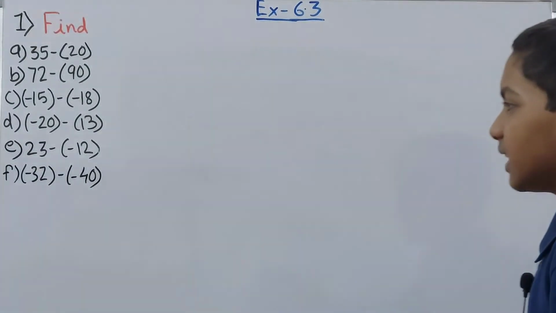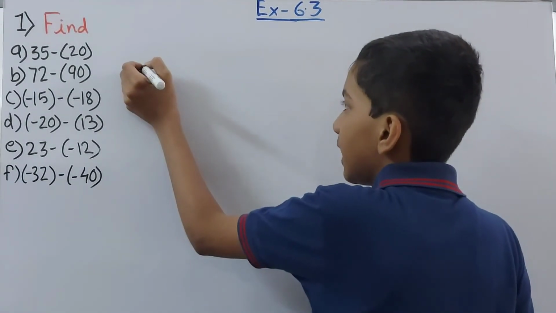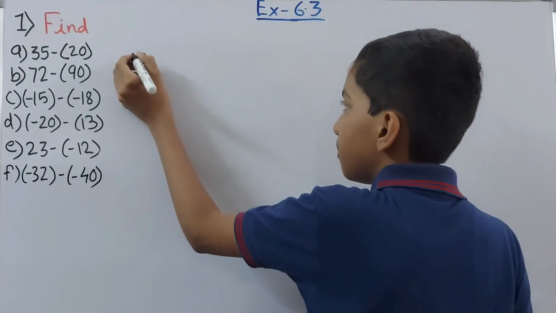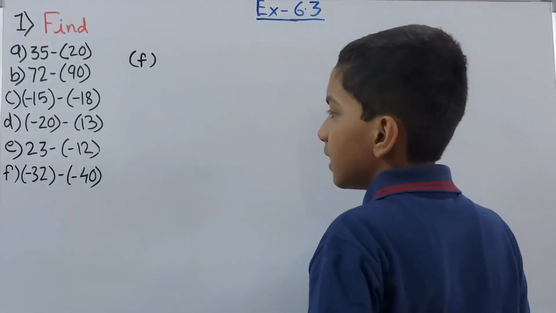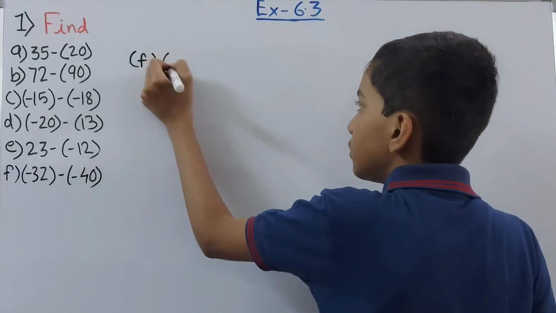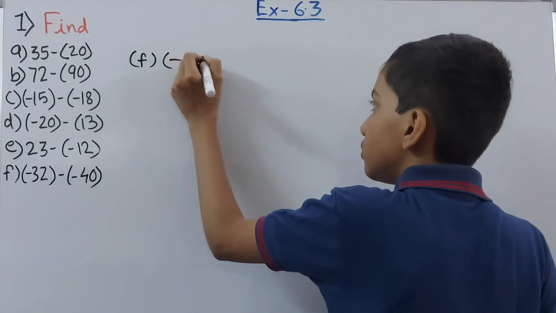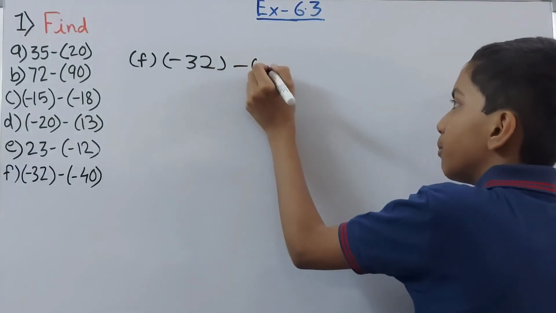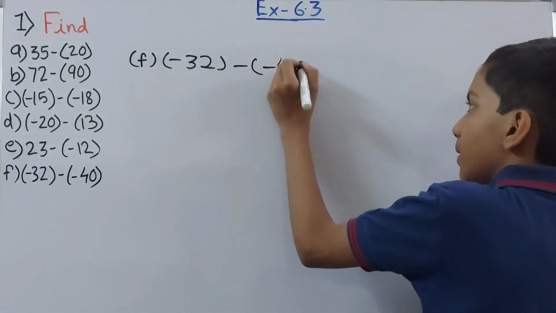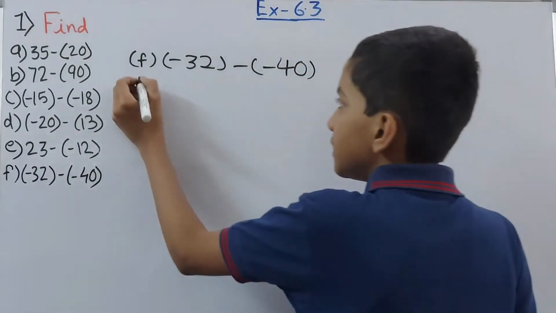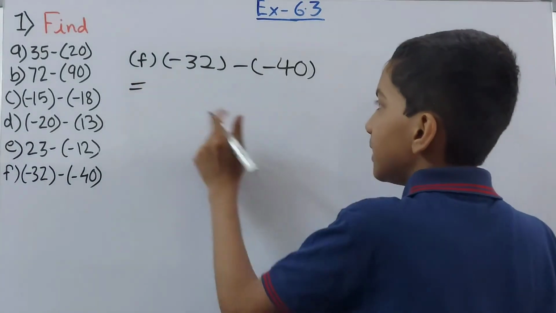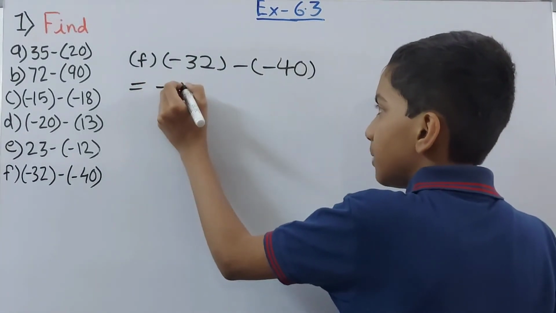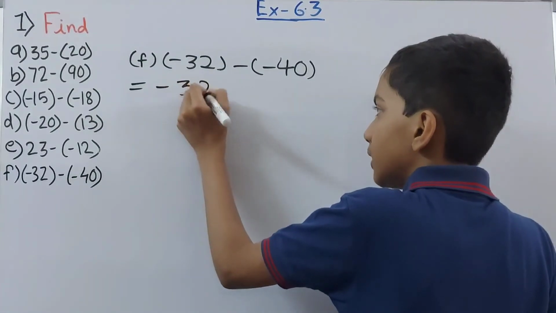Friends, now let's see the next part. So this is the F question, the F part, and this says minus 32 here, and then minus, we have minus 40. Okay, now friends, as you can see over here, first number will be unchanged, and also we will remove the brackets over here.